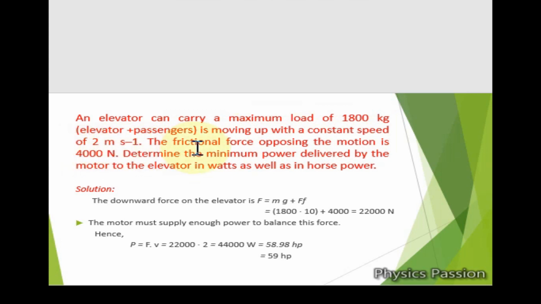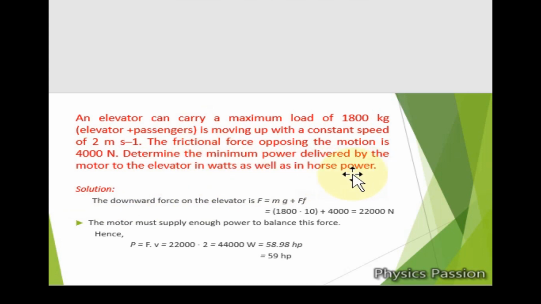The frictional force opposing the motion is 4000 Newton. Determine the minimum power delivered by the motor to the elevator in watts as well as in horsepower. So in this case, we are supposed to calculate the power of the motor which is delivered to the elevator, in watts as well as in horsepower.